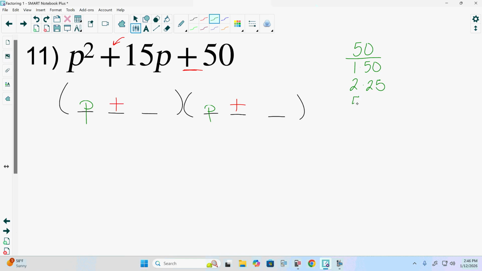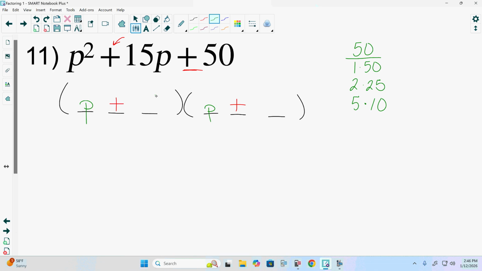How about 5? 5 and 10. Is 6 a factor? No, because 2 and 3 aren't. 7's not a factor. Well, I know 7 times 7 is 49. 49 is way too close to 50 for 7 to be a factor. At that point, we're done. 1 and 50, 2 and 25, 5 and 10.